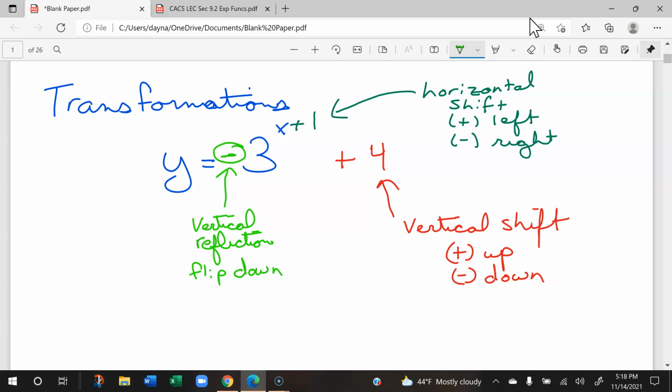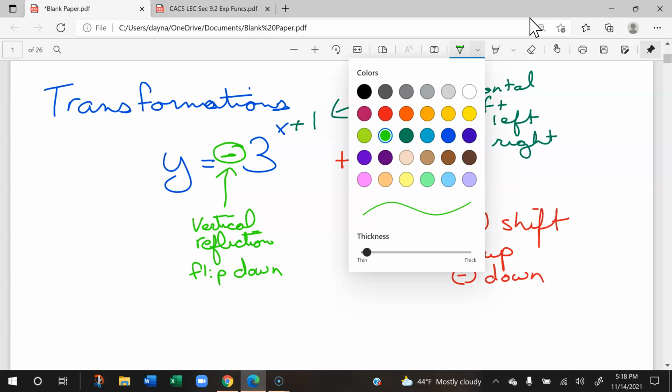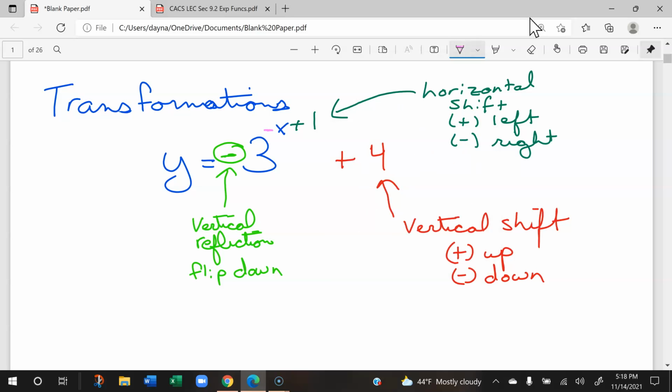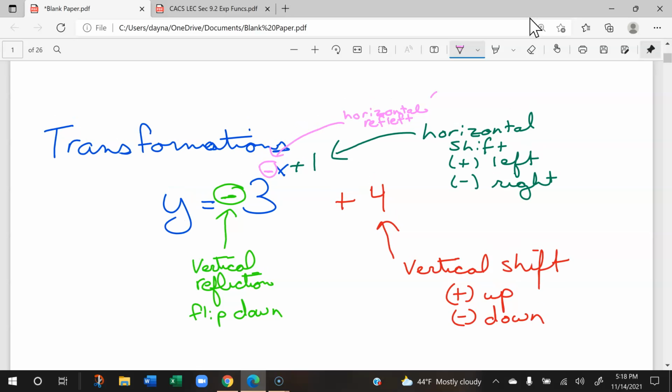Remember, anything sitting out here is vertical, meaning up and down. Anything up in the exponent is going to be horizontal. So this will be a horizontal reflection, and what this will do is flip left and right.